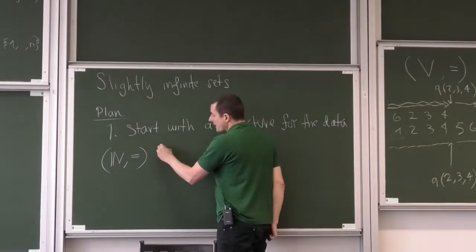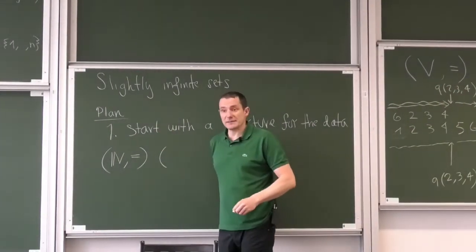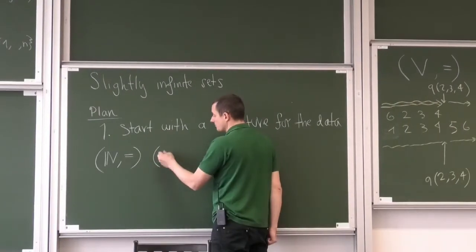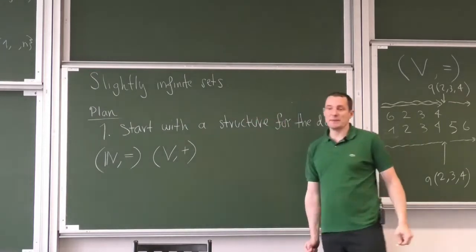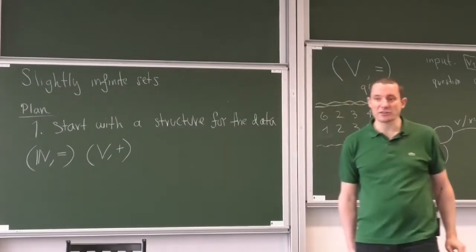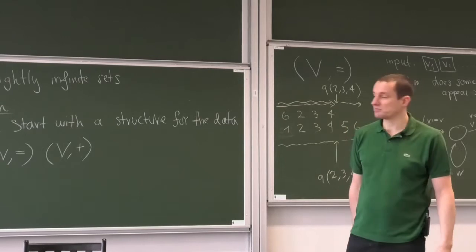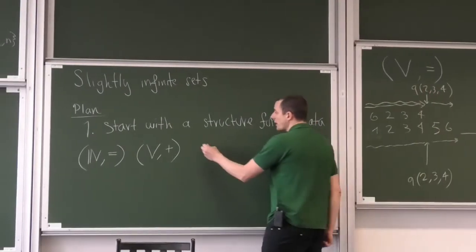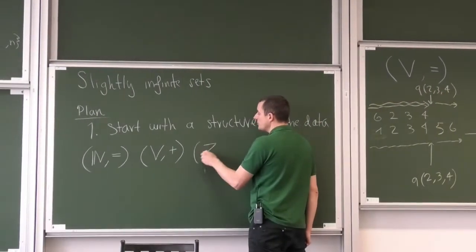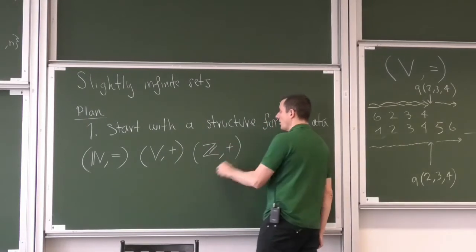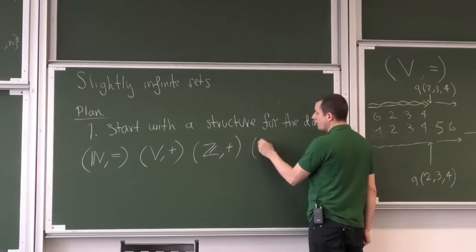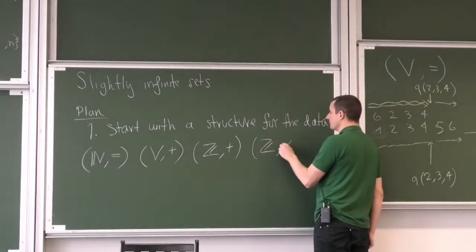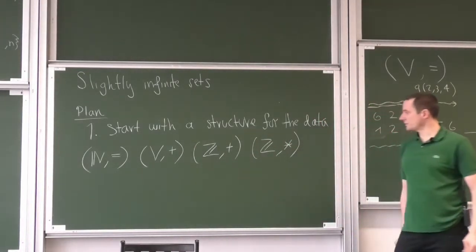Or you could start maybe with this vector space with addition. So some countably infinite dimensional vector space over the two-element field with addition. Or you could start with the integers, the group of integers. Or you could start with the multiplicative group of integers.